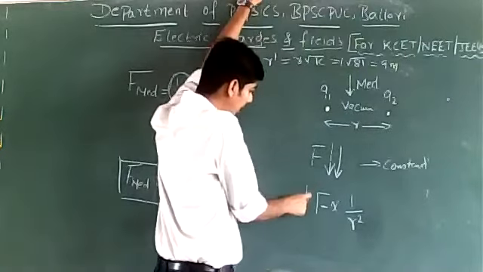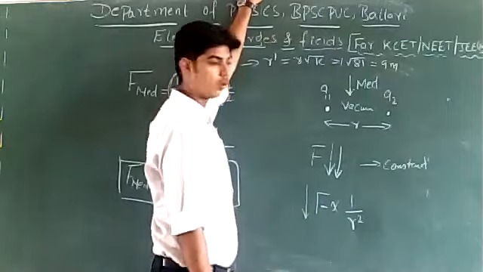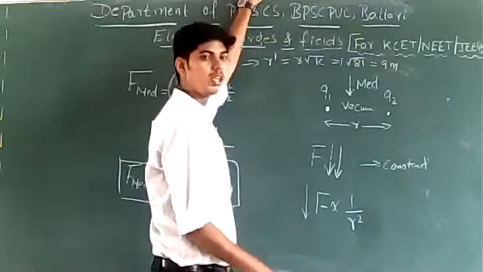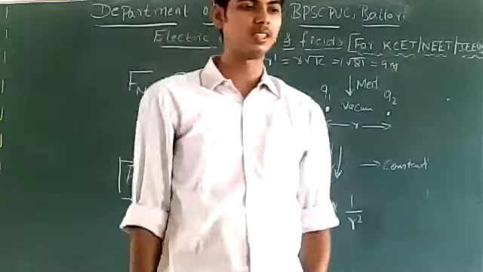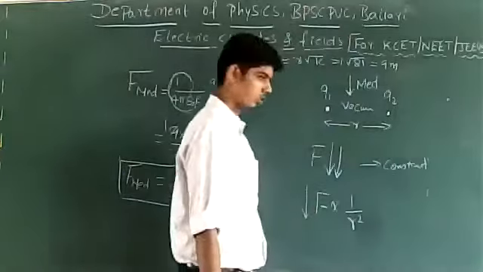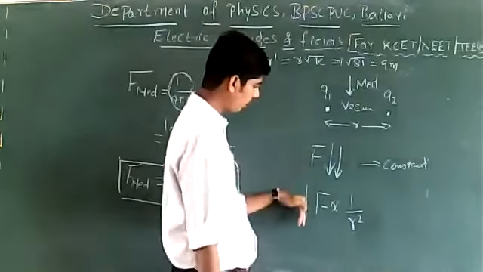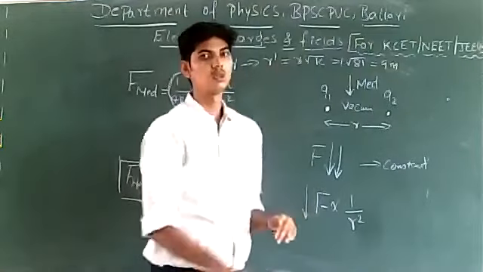The force actually decreases. You can increase it again and make it constant. What do you do with the distance? The force actually decreases, but you have to get it back to the same value.